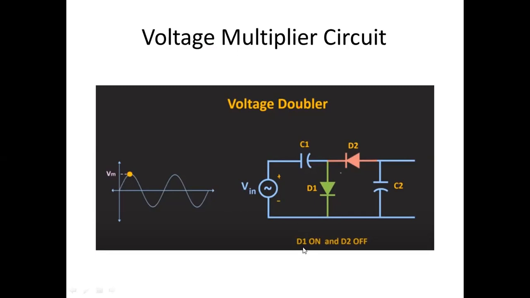So D1 is on and D2 is off. D1 will be on, meaning forward biased, and D2 will be reverse biased. So D1 will be short circuited, D2 will be open circuited, and the color also shows the same: green means on, red means off.